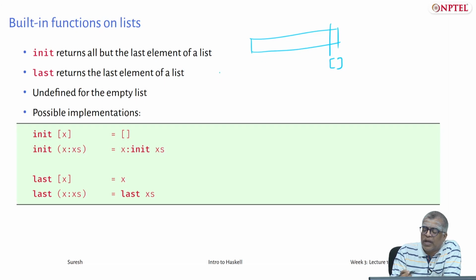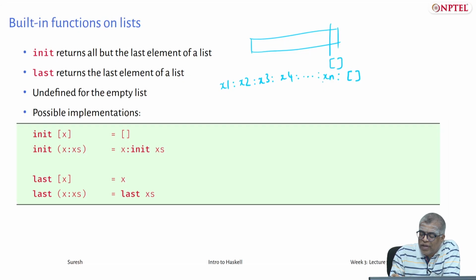So, remember that any list is of this form, x1 followed by x2 followed by x3. Now, I need to go all the way here and replace this by just the empty list, but then I have to put back all those elements again.